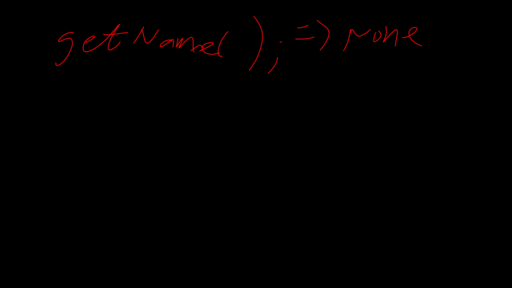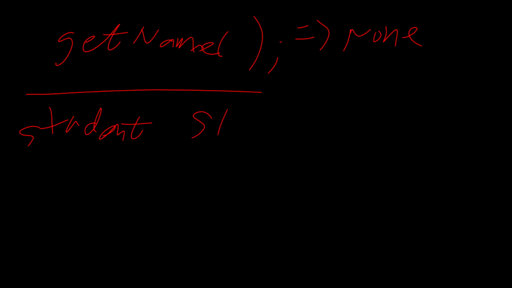Think about an example. You have a method, getName. Okay, so this is a non-static method. Right now you create two objects for the Student class. The Student class has getName. So one student is created this way, as one new Student.